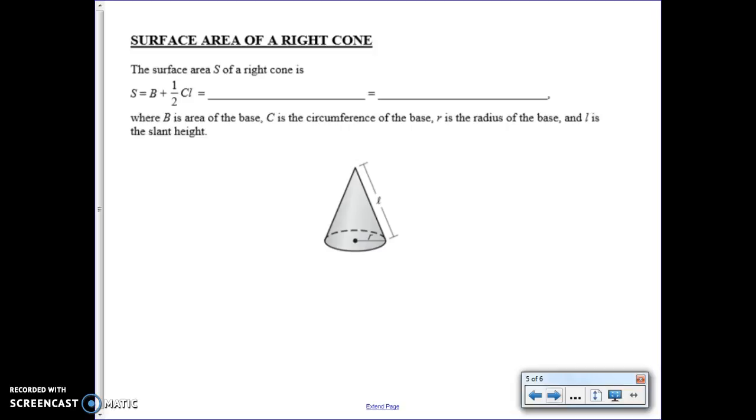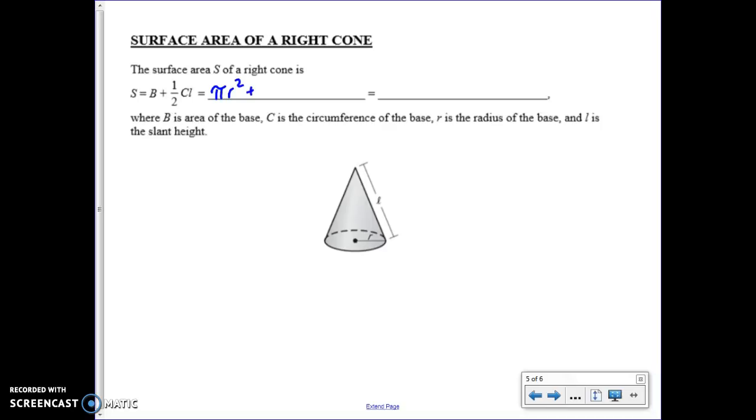Okay, so just like we had something similar but not quite on cylinders, we have something similar on cones. So area of the base of a cone is always a circle, so we're going to use pi r squared. And then instead of P, we replaced it with C since we use circumference.